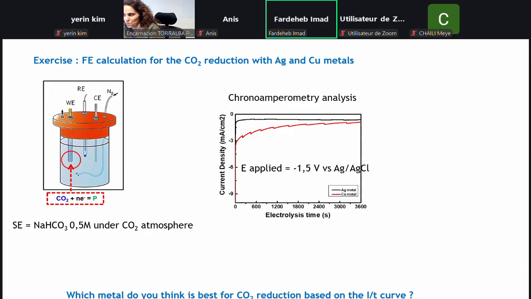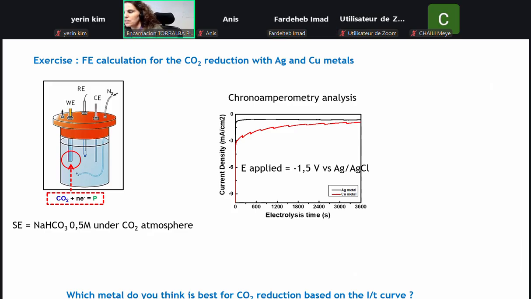It's silver, I guess. Why do you think silver is better? It gives us this plateau. Okay, so according to what we said, in terms of activity, more activity means more current.